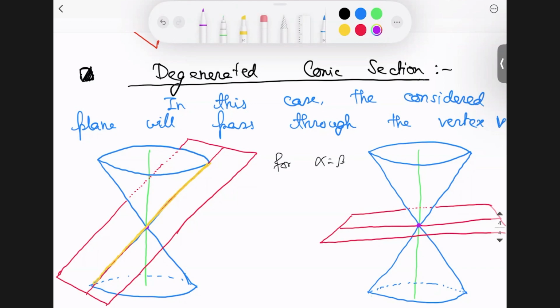Okay. Now, also check one thing: for beta greater than alpha and less than or equal to 90 degrees, you obtain a point. Why?